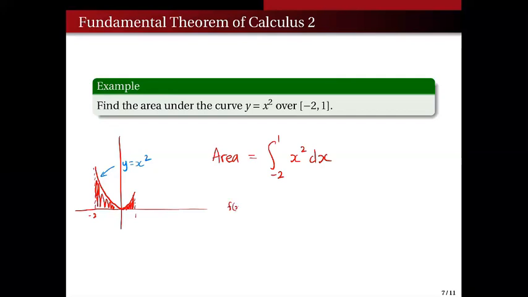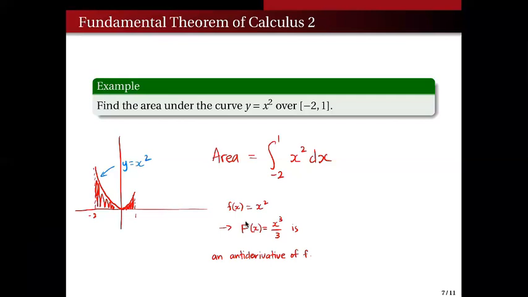Now, if f of x is x squared, then capital F of x, which is x cubed over 3, is an antiderivative of small f. Correct?